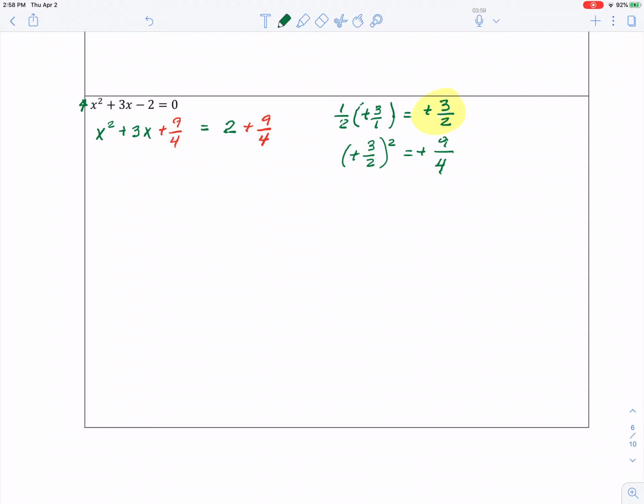All right, so now factoring the left-hand side, we know this is going to be x, this is going to be x, and we're going to come back over here to this thing that we highlighted in yellow, and that plus 3/2 is what goes inside the parentheses.